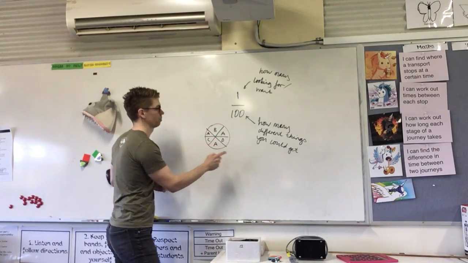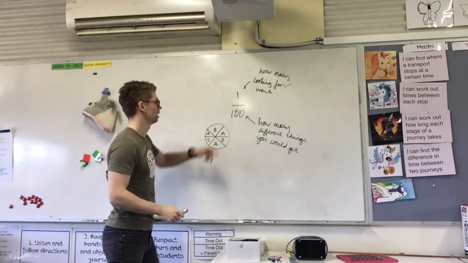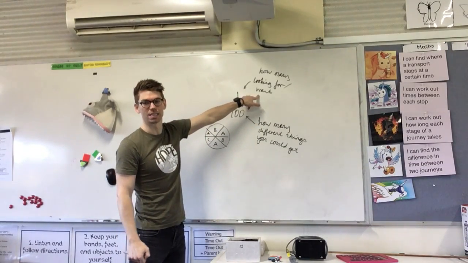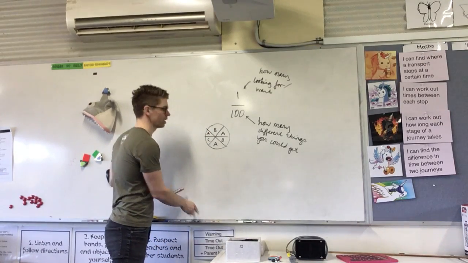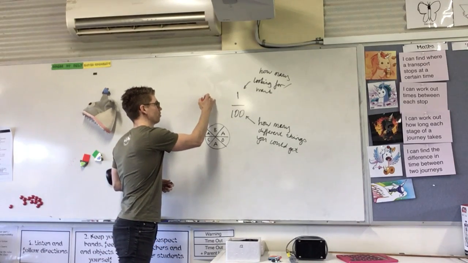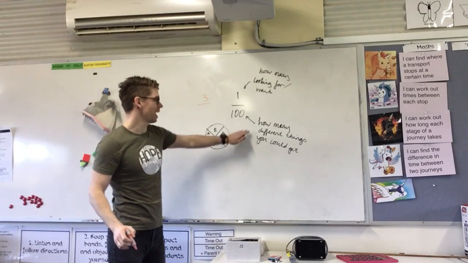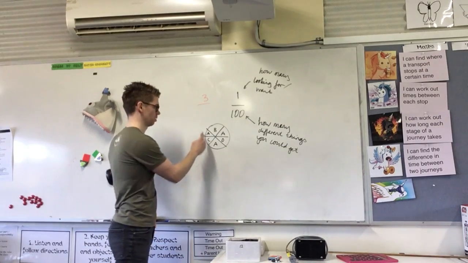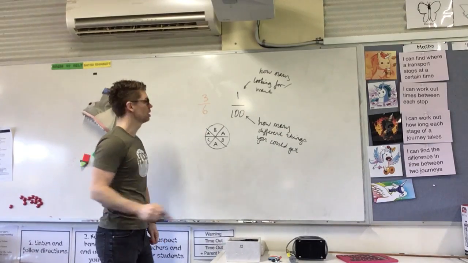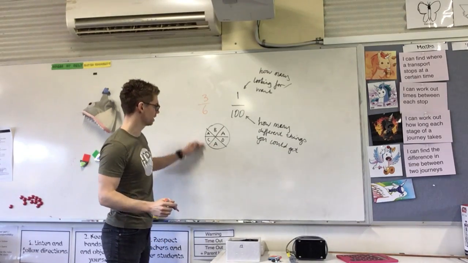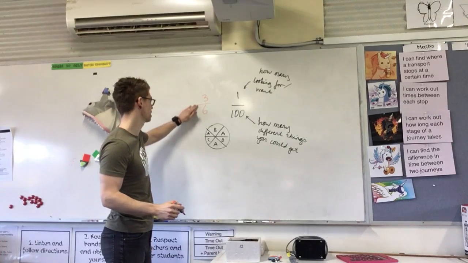Using this strategy, how many of the things are there that we're looking for? There's 3 A's, sorry. So we have 3 out of something. How many different things could we get? 1, 2, 3, 4, 5, 6. There are 6 different things we could get. So the chance of getting an A is 3 out of 6.